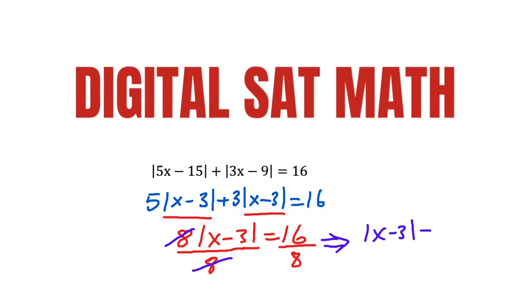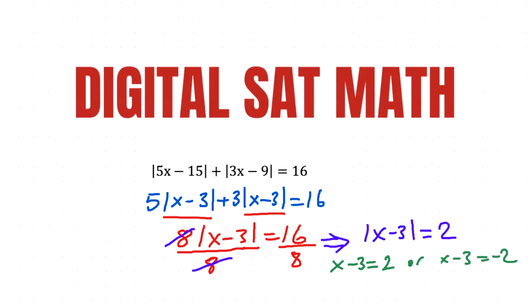And so in this case, x minus 3 can be equal to 2, or for the negative value, x minus 3 can be equal to negative 2.